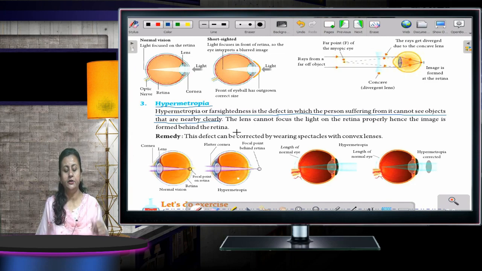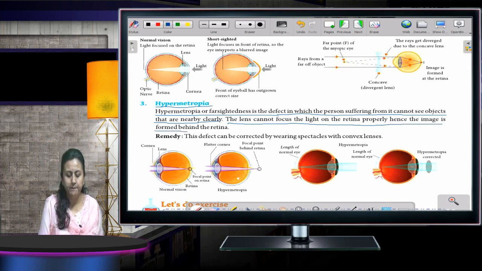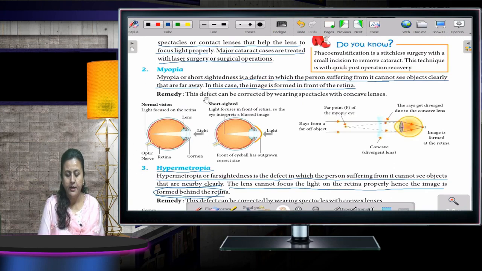In this disease, the person is not able to see things which are very close. The lens cannot focus the light on the retina properly, hence the image is formed behind the retina. In hypermetropia, the image forms behind the retina, but in myopia, the image is formed in front of the retina.